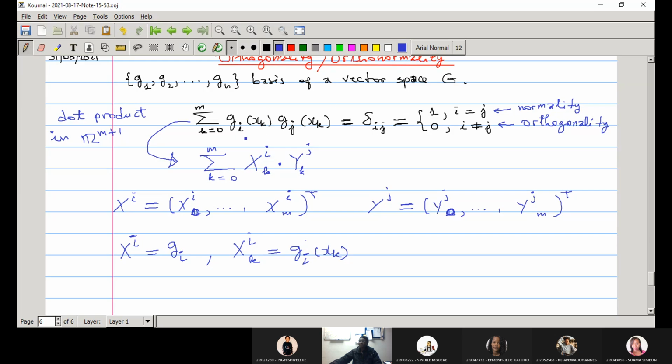Because you have the vector dotted with itself, it will give you the norm squared. So if the norm squared of the vector is 1, it means that the norm is 1. We call it a unit vector, right? And that property is what we call normality, meaning that the norm is 1.